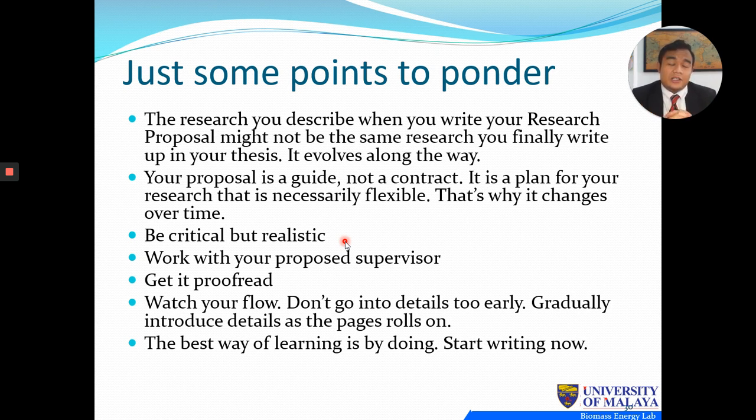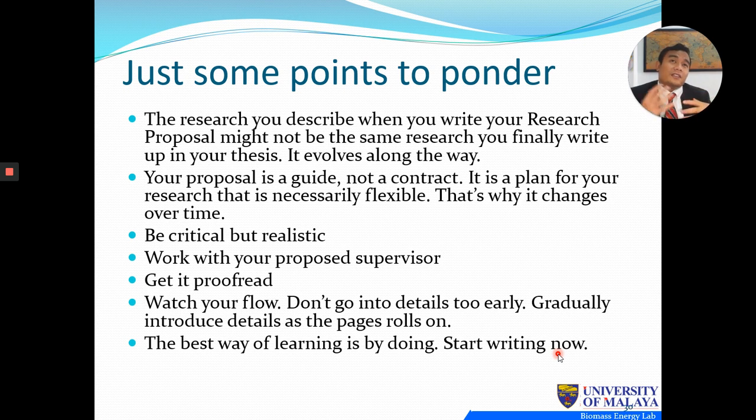Sometimes students would like their research to be earth-shattering, so it becomes so superficial, and you have to get it proofread, and you have to watch your flow. Don't go into details too early. Gradually introduce detail as the pages roll on. And the best way of learning is by doing. So you have to start writing now.